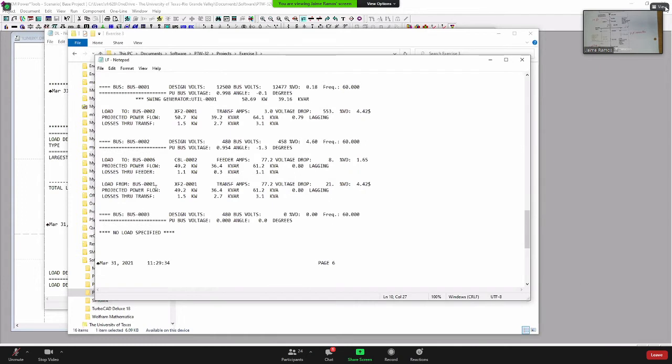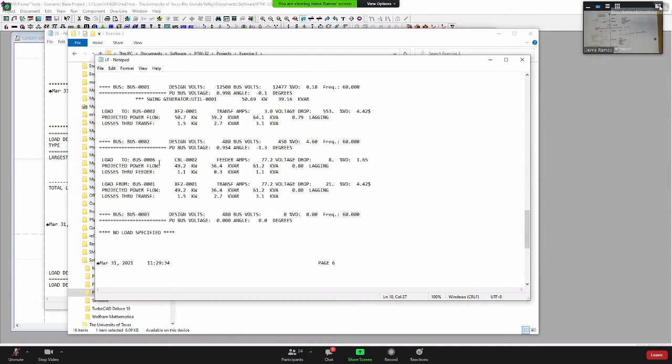So let's see bus number 2. See, there is a bus number 6 here, which is cable. Okay, cable. So then there is a virtual bus, which is number 6.